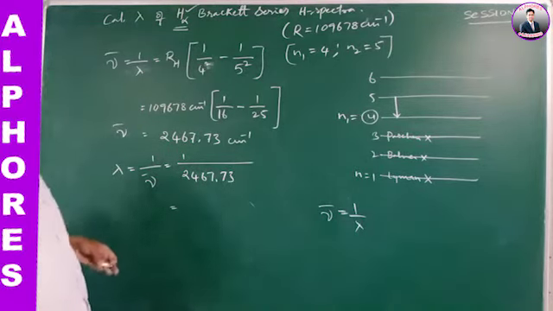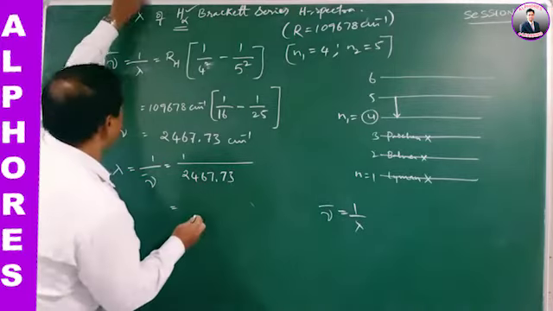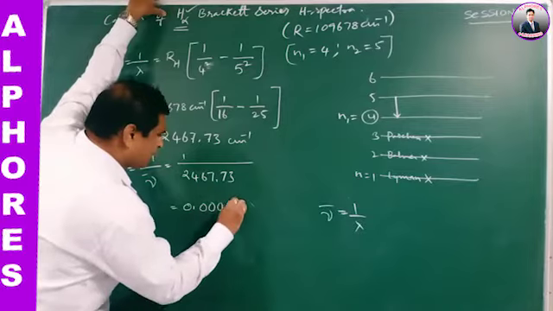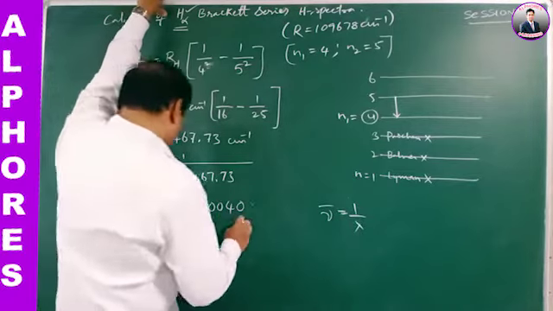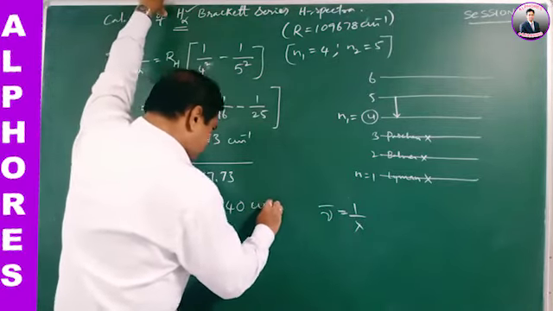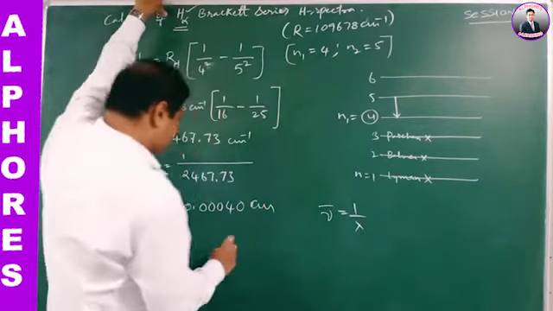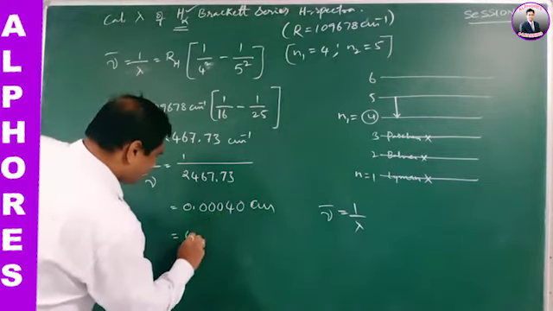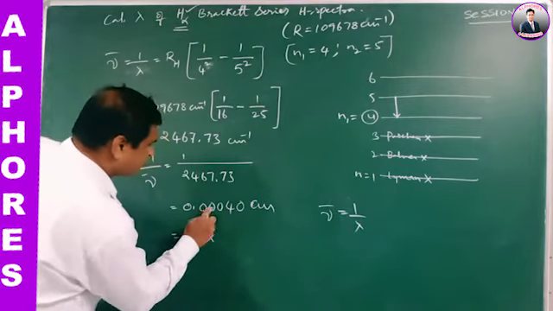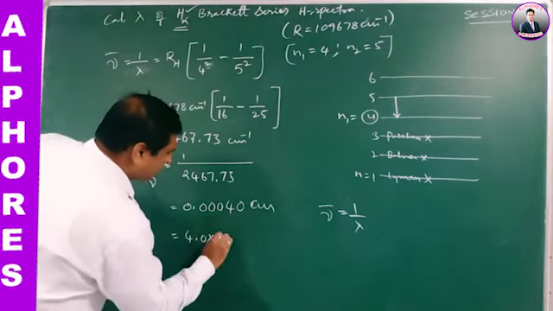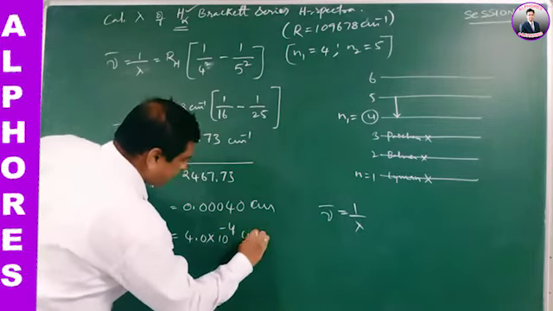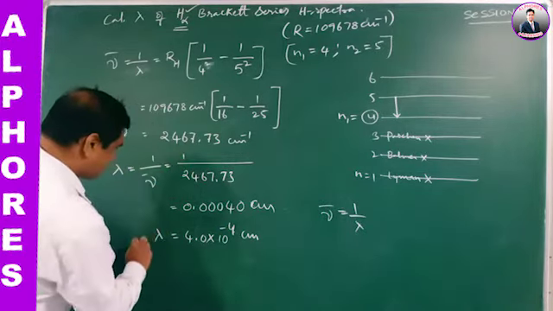That answer will be 0.00040 centimeters, or 4.0 into 10 to the power minus 4 centimeters. That is the wavelength.